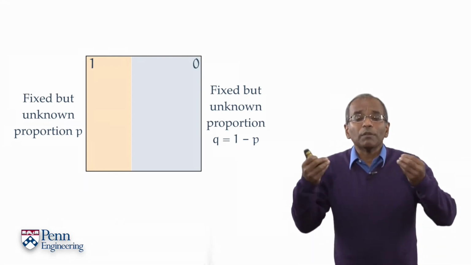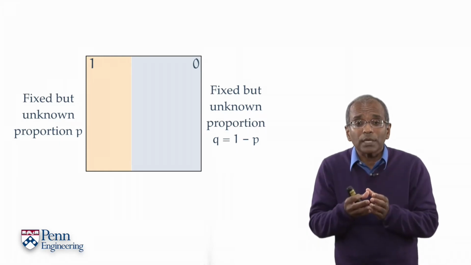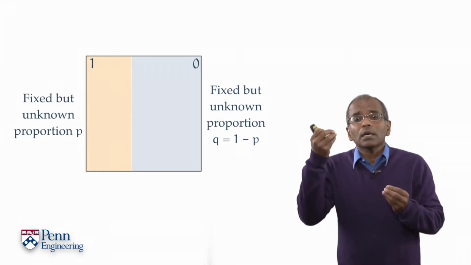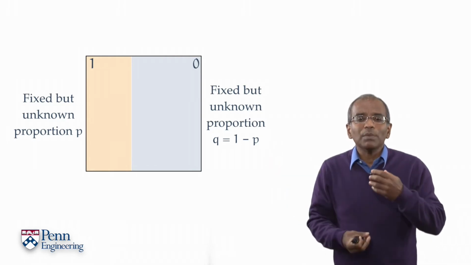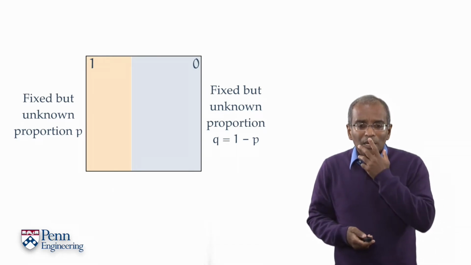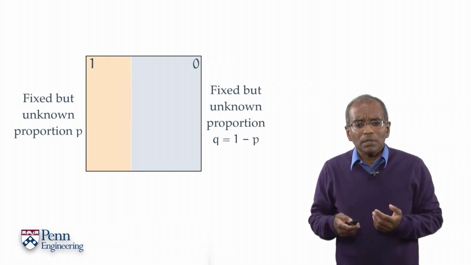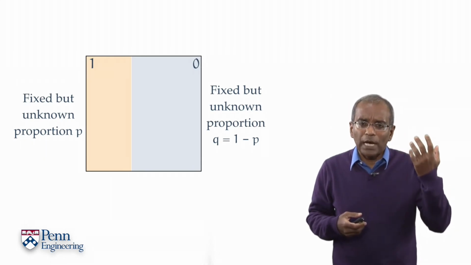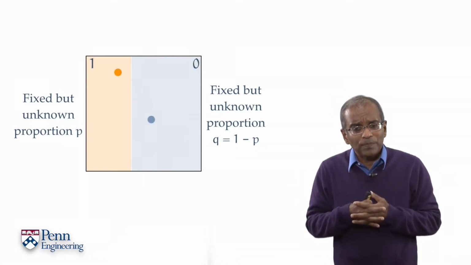We might as well simplify our notation and the way we compute it by calling the elements of one type the number 1, the elements of the other type the number 0. Now, what does a random sample look like? Well, a random sample could be either of type 1 or it could be of type 0.